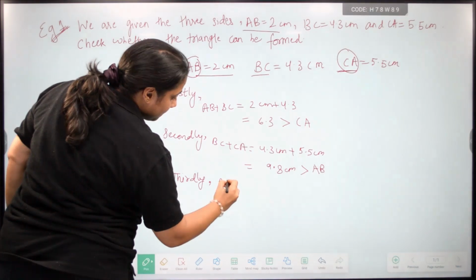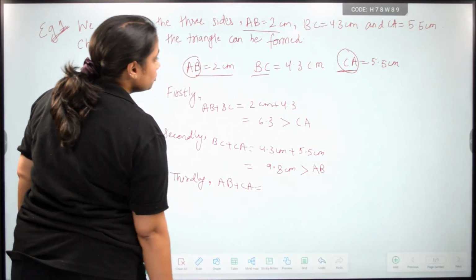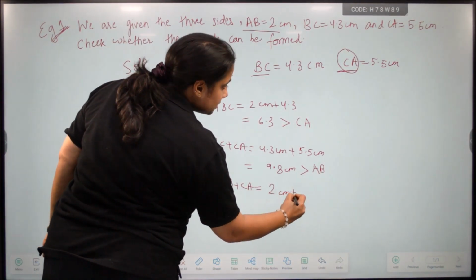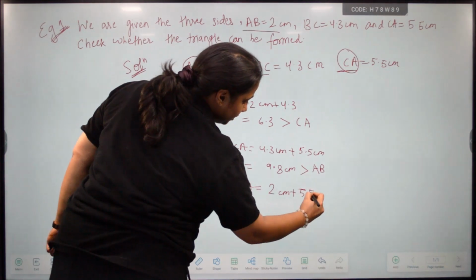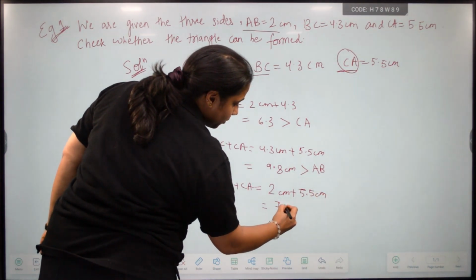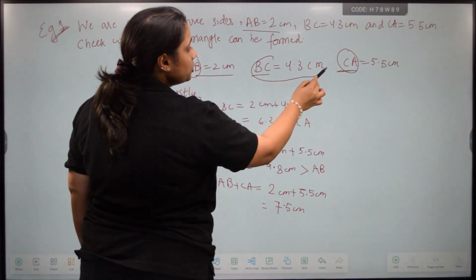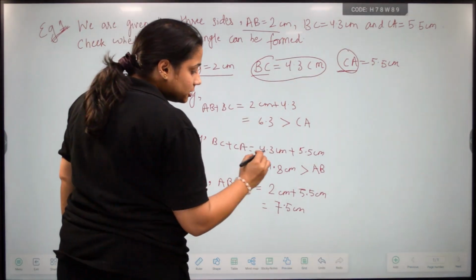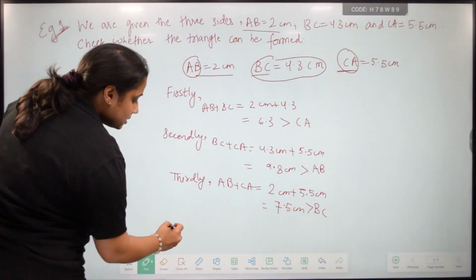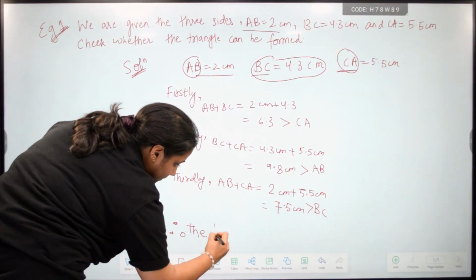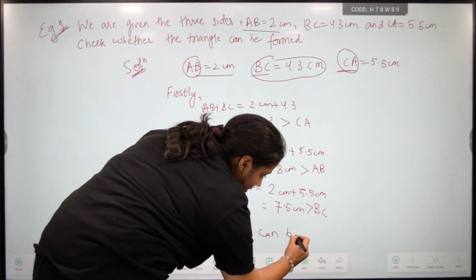AB plus CA equals 2 cm plus 5.5 cm, which equals 7.5 cm, which is again greater than the third side, 4.3 cm, that is BC. Hence, we can say that the triangle can be formed.